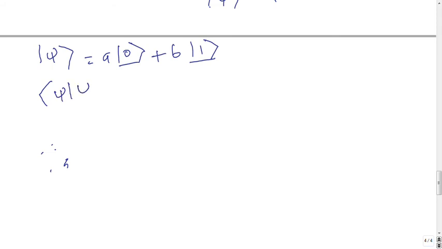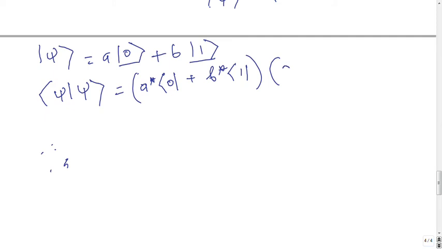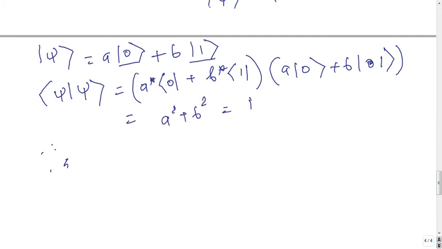Meaning the inner product between itself, which is a star, b star, is equal to a squared plus b squared, should be 1.